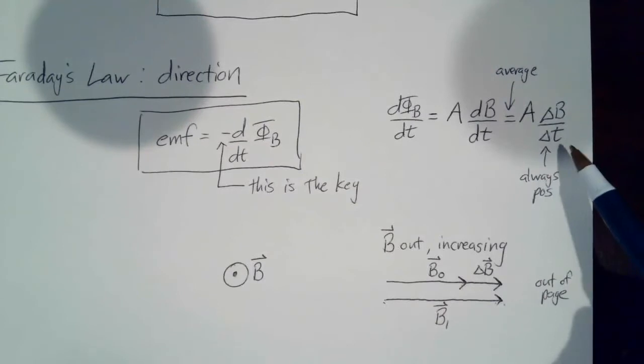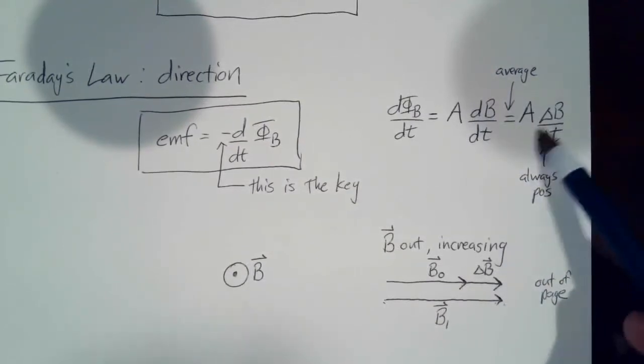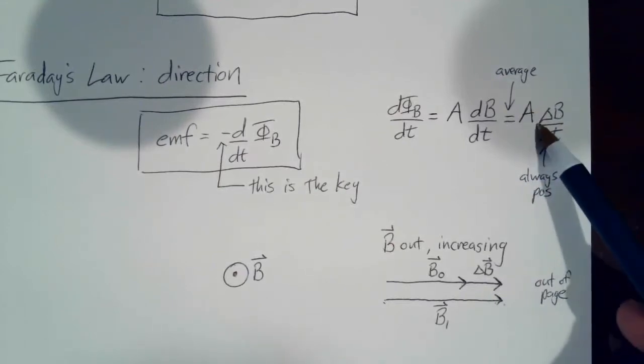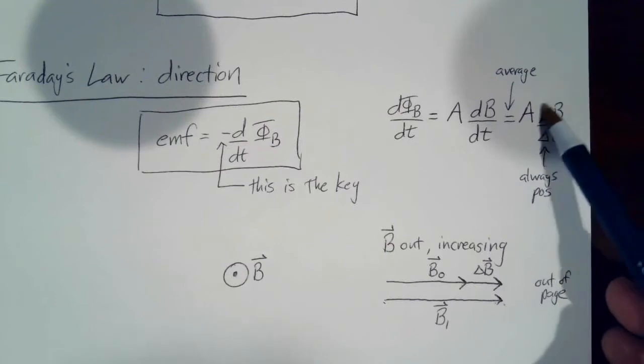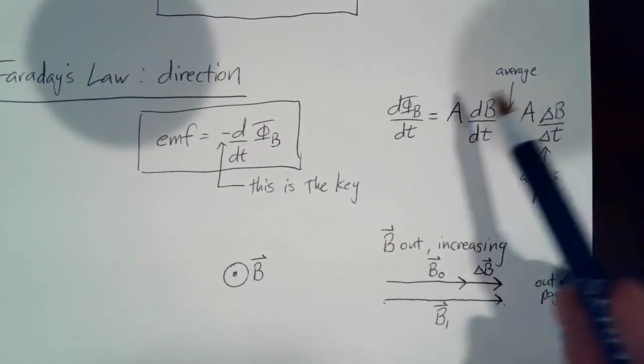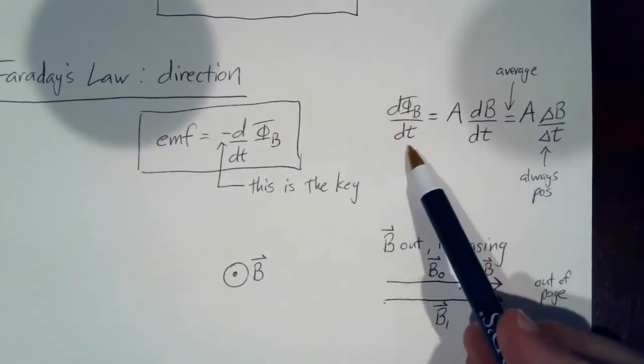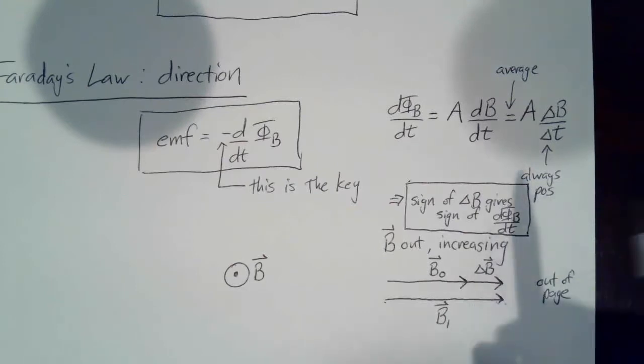We're not time traveling into the past in any of our problems, okay? Time always moves forward, so this delta t is always positive. Area is a positive number, so the sign of delta B is the only one that could be negative, right? And so it's the sign of delta B that gives us the sign of d phi dt. All right, so I squeeze that in right here.